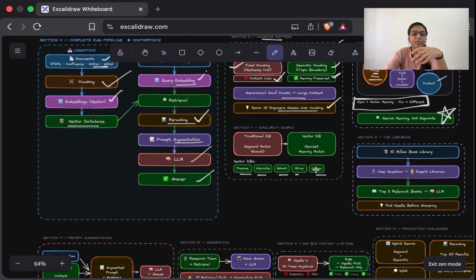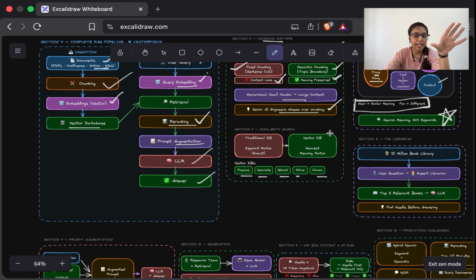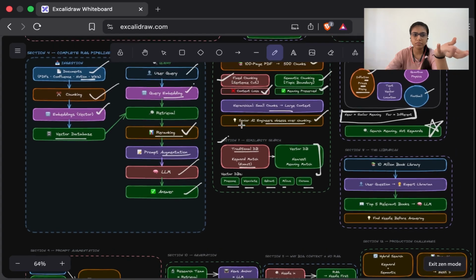Vector databases basically perform similarity search, whereas traditional databases just do keyword matching. So instead of asking, do these words match, they ask which documents are closest in meaning. That's a fundamentally different way of searching information, which helps us segregate the information based on meaning.